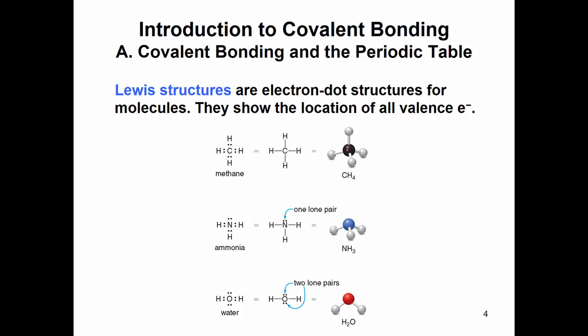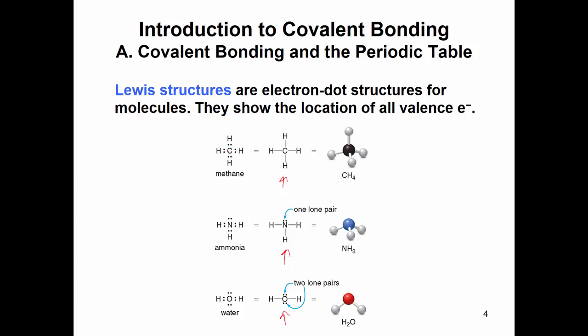In reality, and we're going to talk about this later, a lot of these molecules are not flat. They're not flat on paper like we show here. That's why there are some models beside these to show you that some of them have 3 dimensions.